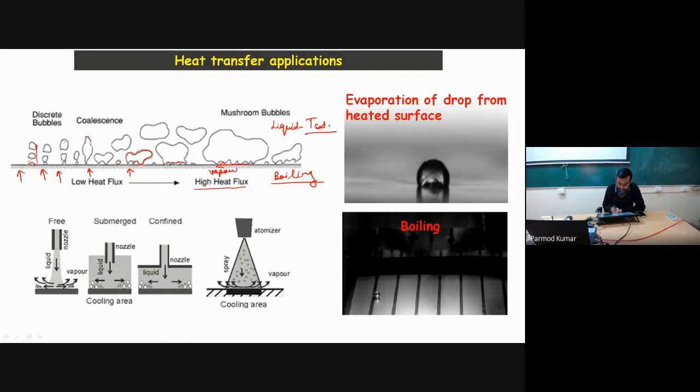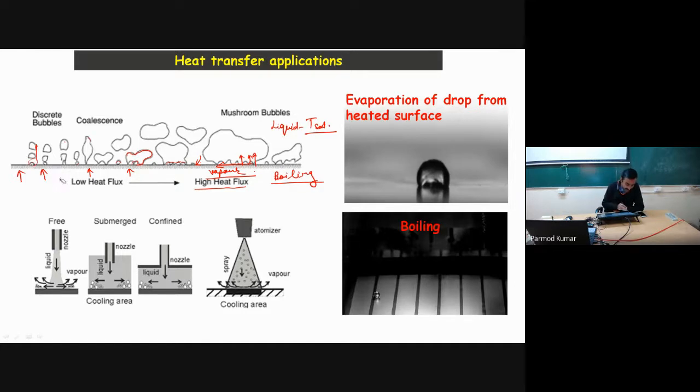This blanket of vapor is not good for the rate of heat transfer, because vapor has low thermal conductivity, so it decreases the rate of heat transfer from the heater surface to the liquid. That's why we want to stay in the bubbling regime, with the formation of individual bubbles, and when a bubble leaves, it replenishes the surface with fresh liquid. That improves the rate of heat transfer.